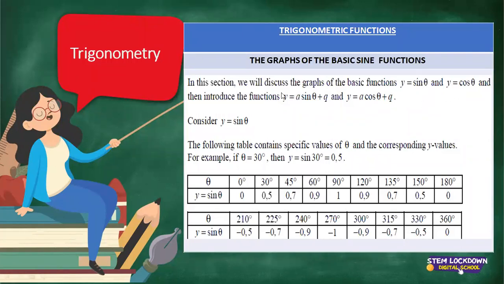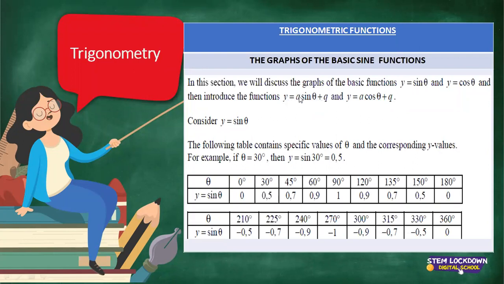Before we carry on, the maximum value of sine theta here is 1, so we say the amplitude is 1. Generally we say y equals a sine theta plus q. If you compare this with the standard graph, y equals sine theta, our coefficient here is a.